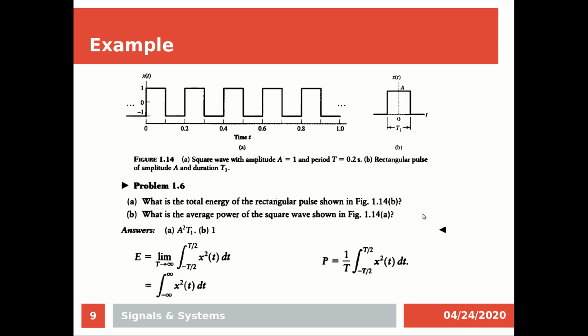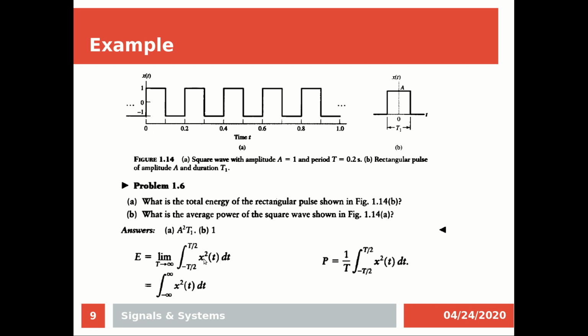Okay, now we have an example from the book. This is example 1.6. For these two signals, what is the total energy of the rectangular pulse in figure 1.14b? So we apply the limits and the function here.